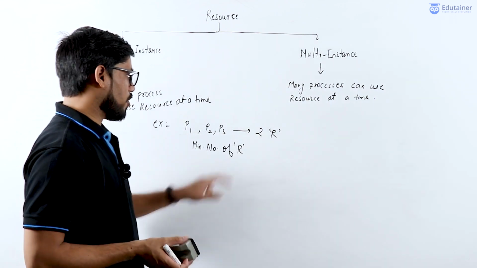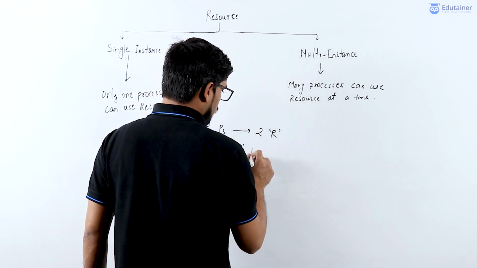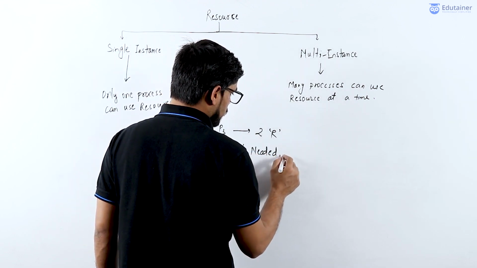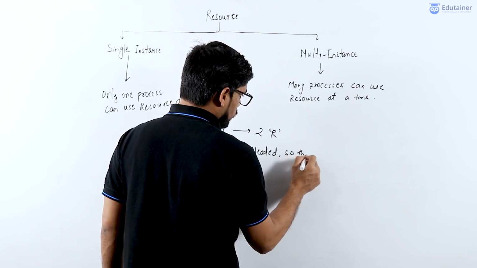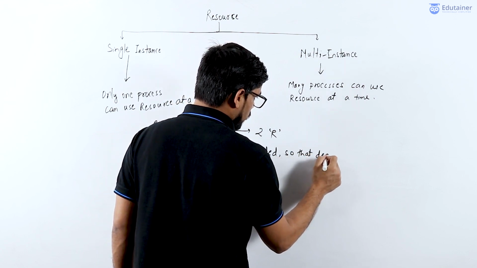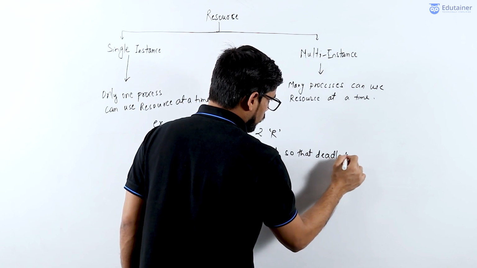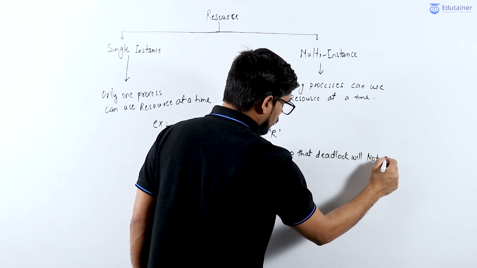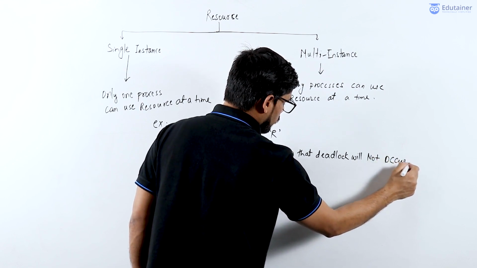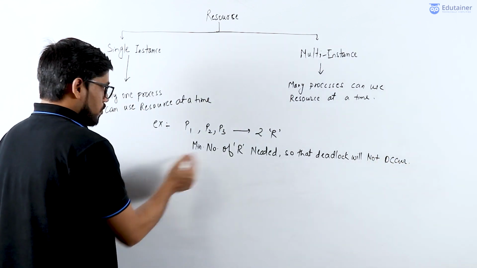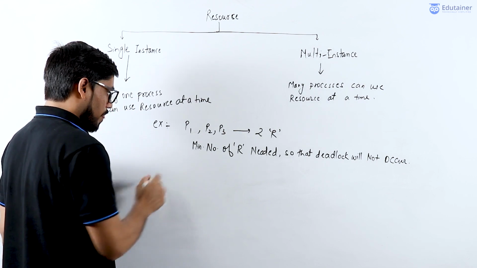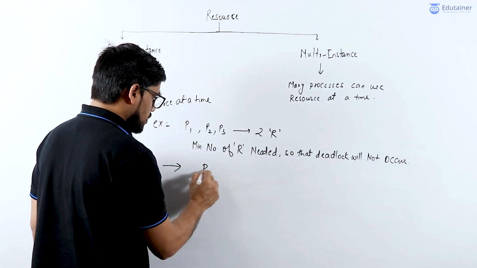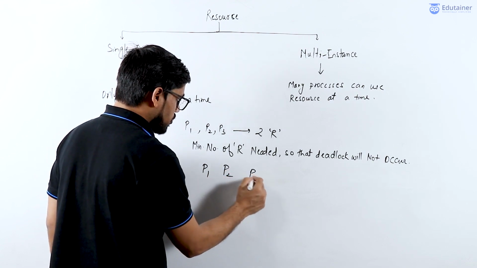So the minimum number of R needed so that deadlock will not occur. We have three processes: P1, P2, and P3.